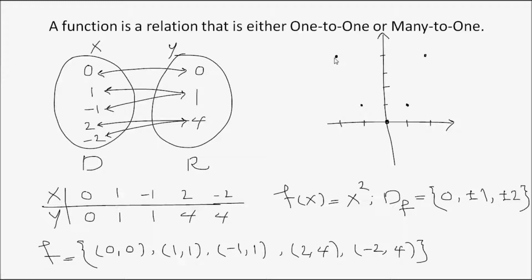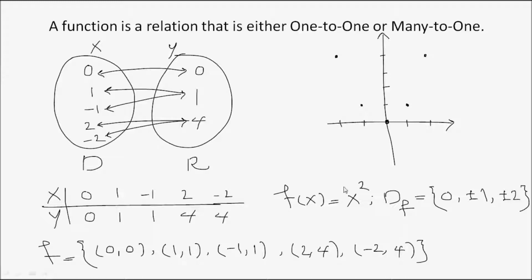Or you can notice that here each value from the domain is associated to that value times itself from the range. So 0 times itself is 0, 1 times itself 1, -1 times itself 1, 2 times itself 4, -2 times itself 4.